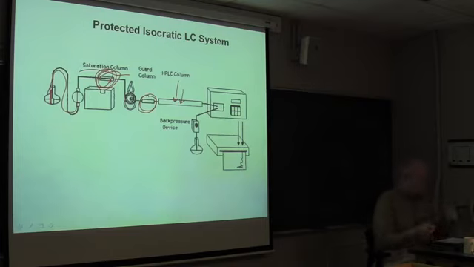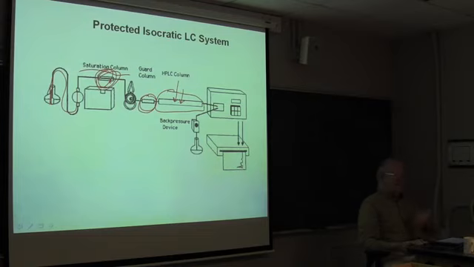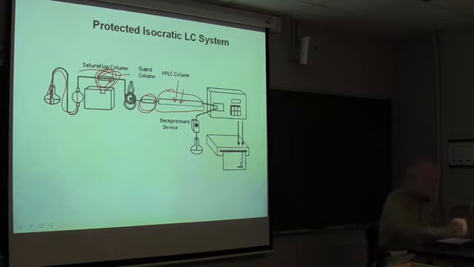It's also there to preserve the analytical column. In some of these, prices run $500 to several $1,000s for an analytical column. You don't want it to die because you've calibrated your method, and if you change your column, you've got to recalibrate. Could be days of work.